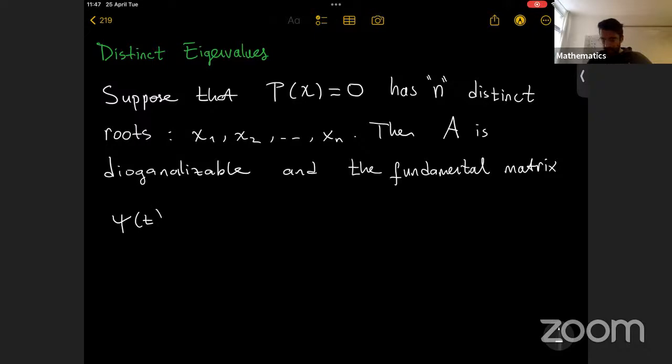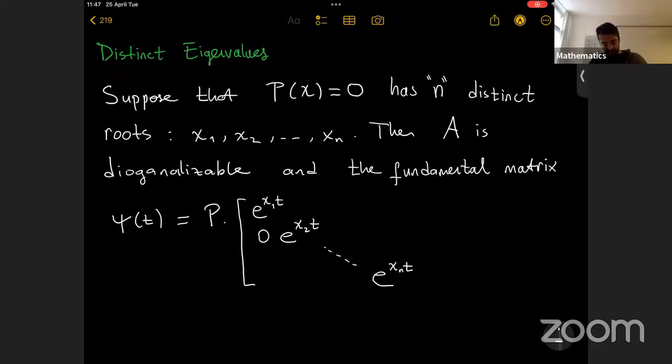Let's call it psi of t, which is equal to P times e to the Dt, which is this: e to the lambda 1 t, 0, e to the lambda 2 t, and you go like this on the diagonal, e to the lambda n t, and all other entries are 0.